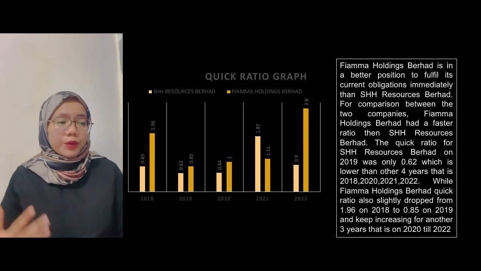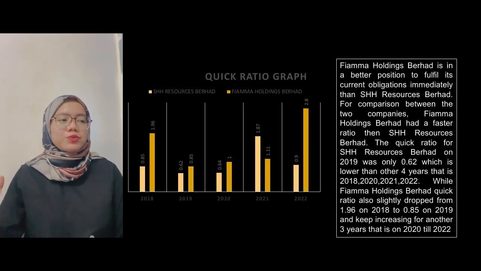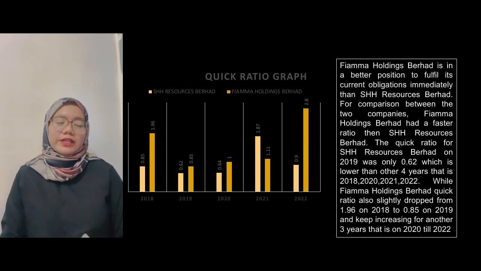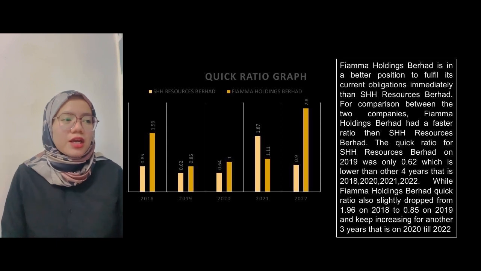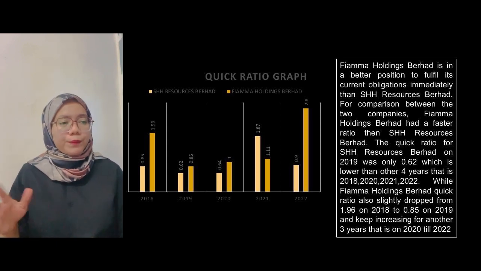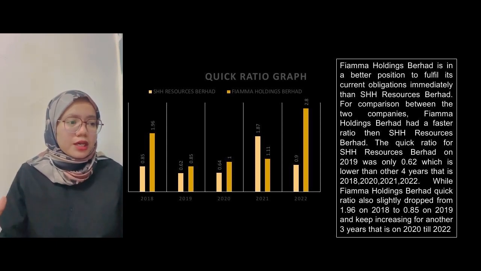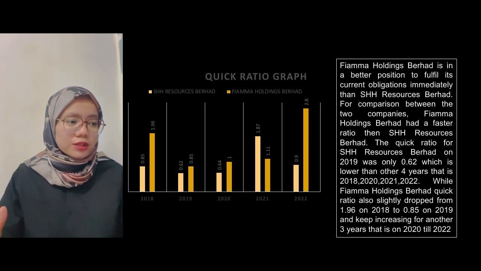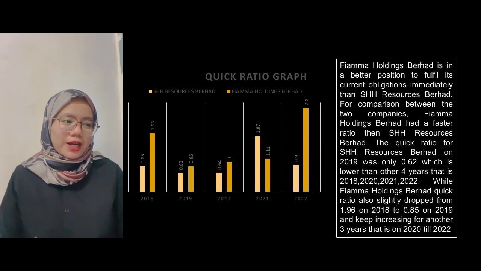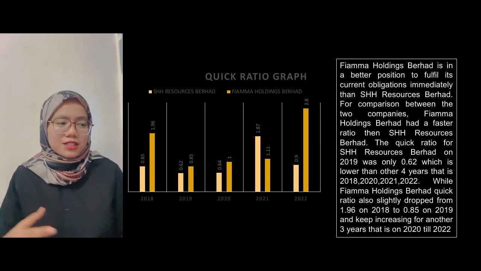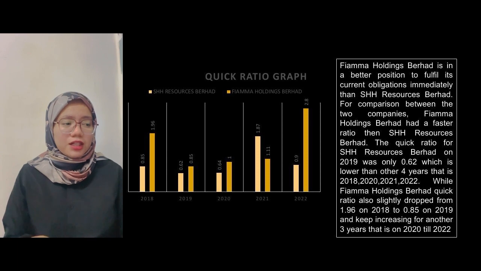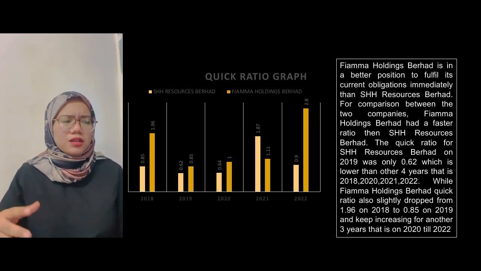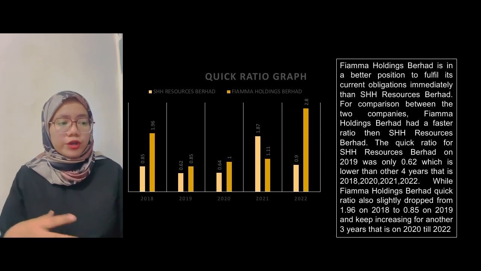From the quick ratio graph, we can see that Fiamma Holdings Berhad is in a better position to fulfill its current obligations immediately than SHH Resources Berhad. For comparison between these two companies, Fiamma Holdings Berhad had a higher quick ratio than SHH Resources Berhad. The quick ratio for SHH Resources Berhad in 2019 was only 0.62, which is the lowest compared to the other 4 years.